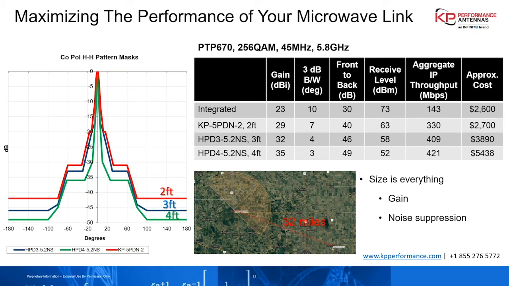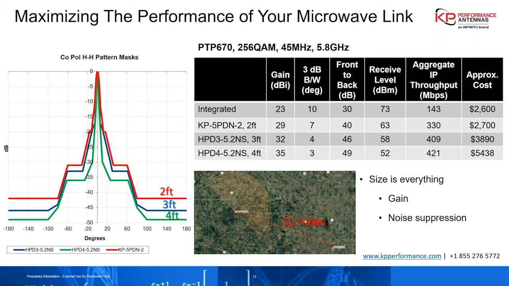Now you may be wondering about the investment to go from a 2 foot to a 3 foot or 4 foot high performance antenna. It's significantly jumping up, and your return, which would be your IP throughput, is not as significant, but it still is a good jump up, going from 330 to 409 megabits per second, going from a 2 foot to a 3 foot.